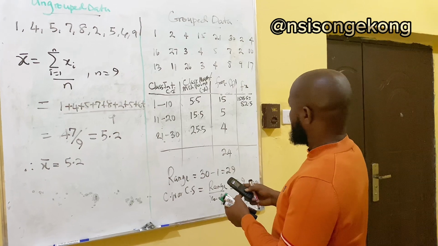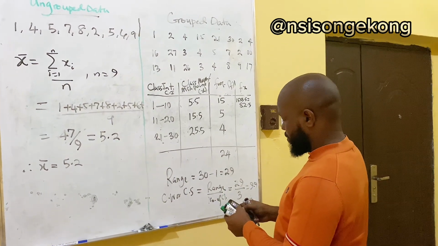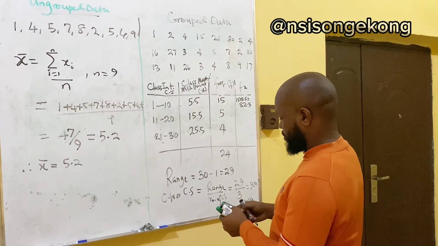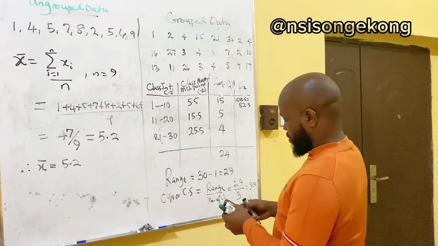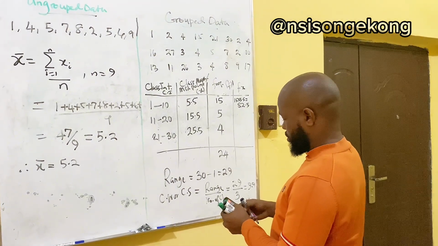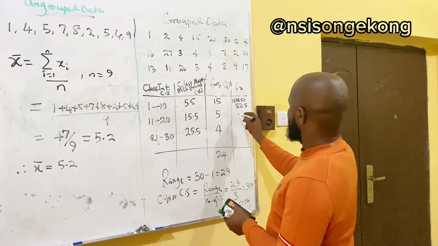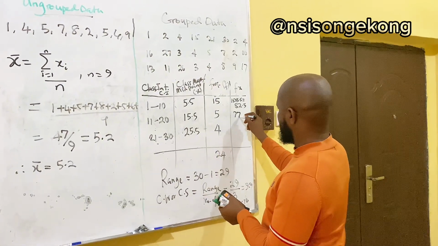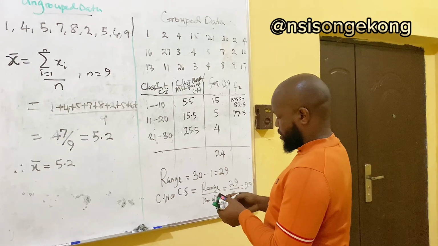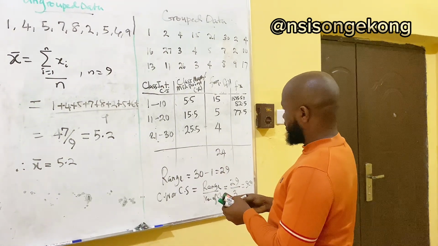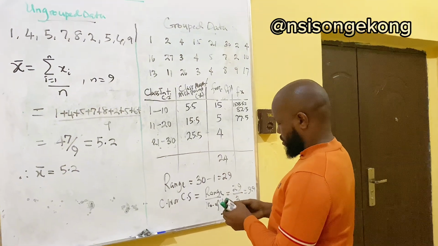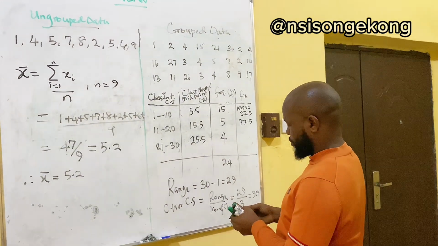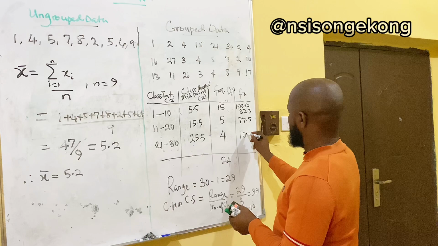Then 15.5 times 5, this is 77.5, and 25.5 times 4 is 102.